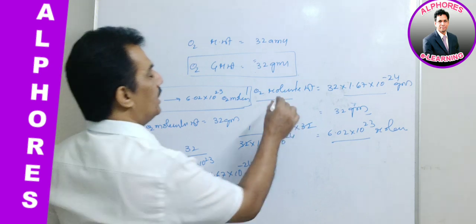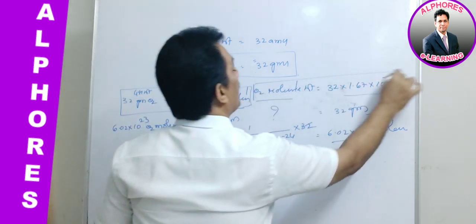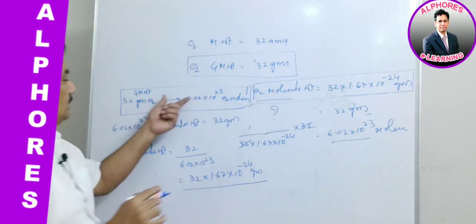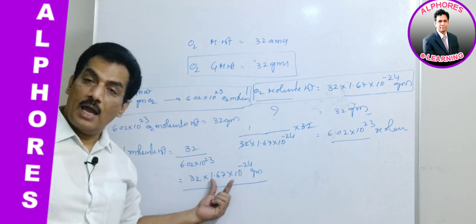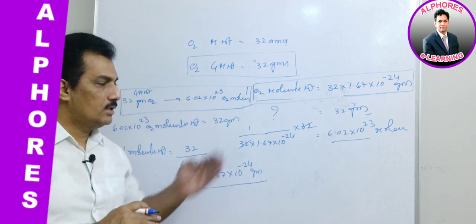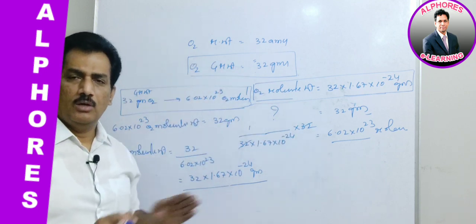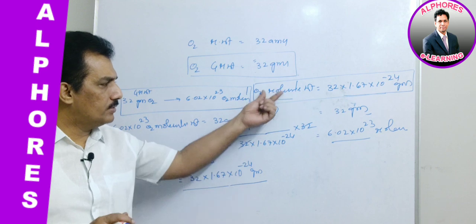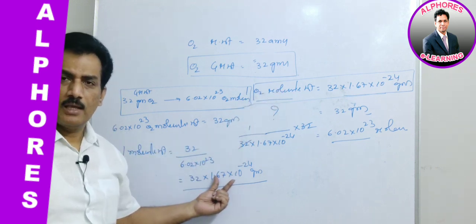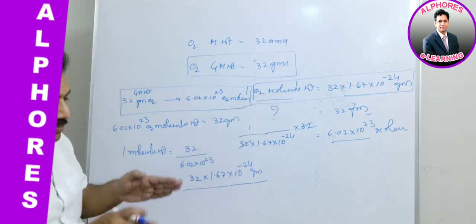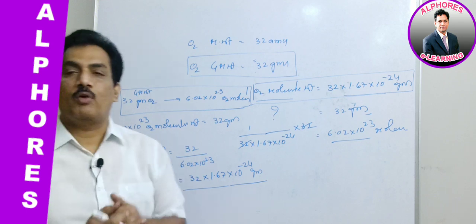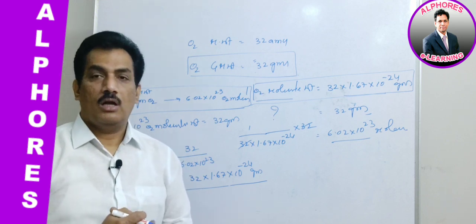Already in the beginning we knew that fact, and from the mole concept also we can prove that fact. In one direction we learned, and now we are coming in the reverse direction. In both cases we are getting the same value. Clear? These are different ways in which they provide the data and ask to solve the questions.